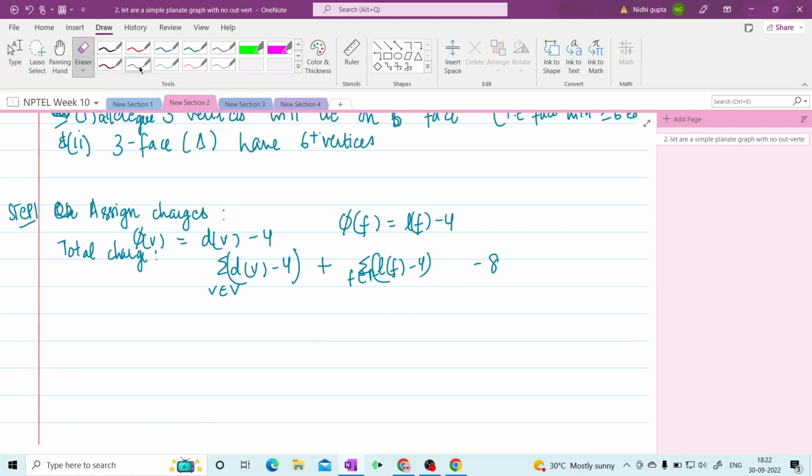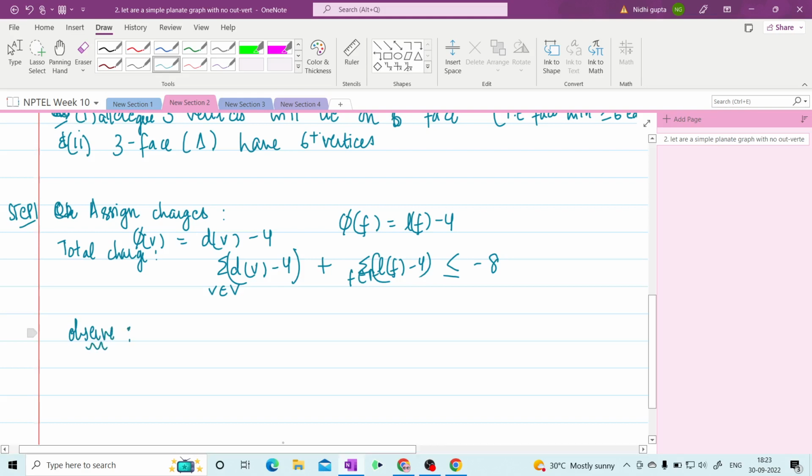Now we have to assign charge in such a way that we end up getting a contradiction, because we have assumed the result is false, and if we arrive at a contradiction, then our result will be true. So we first observe what is contributing negative charge, since the total charge is negative.